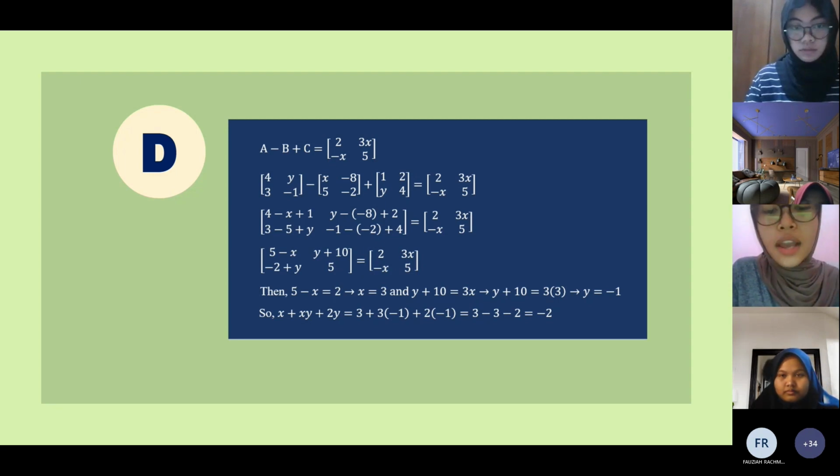So x plus xy plus 2z is equal to 3 plus 3 multiplied by -1 plus 2 multiplied by -3, and the answer is -2.